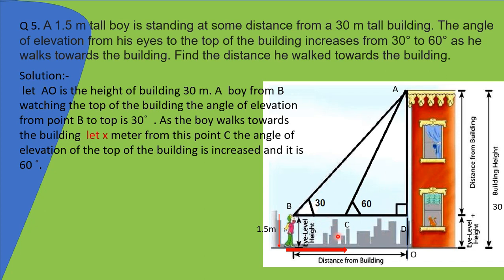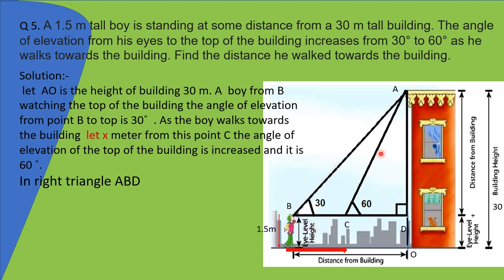Which trigonometric ratio gives this relation? Correct, tan theta. So here we use tan theta in the right triangle ADB as well as in the right triangle ADC. One more thing, we have to find the distance traveled by the boy, that is BC. So let us assume that it is x meters.